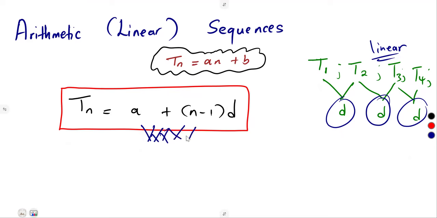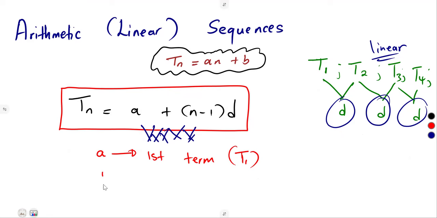As you are using this formula, the A that we are seeing here represents the first term, meaning to say that's our T1. The first term that will be given here, that is your A.